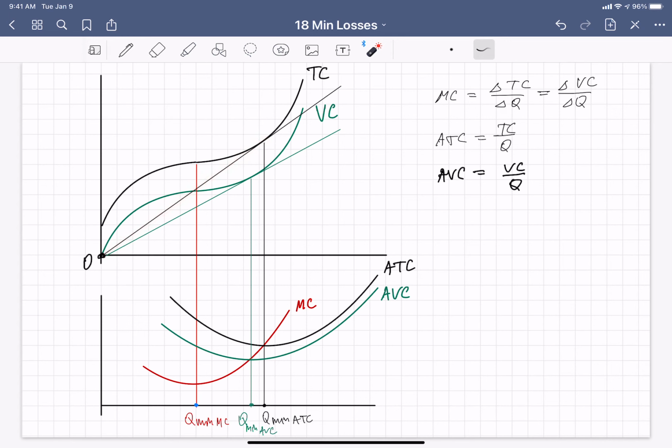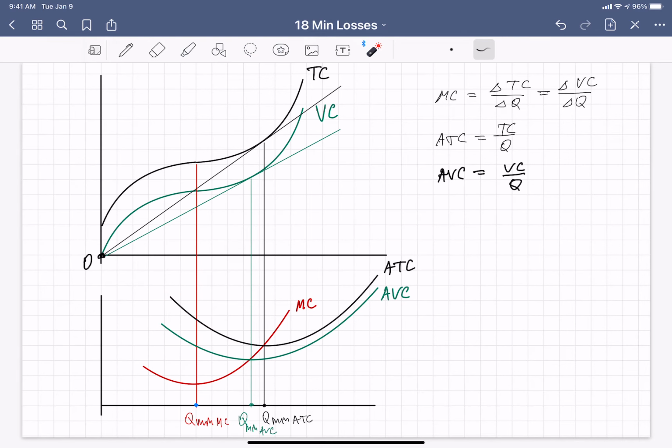And that's why at this point on our TC curve, we're hitting the minimum point on our ATC curve. After this point, if we keep going further, those lines will be picking up again. So the slope will start getting larger, and that will show on our ATC curve picking up as well. So that's how we can understand the shape of our ATC curve.